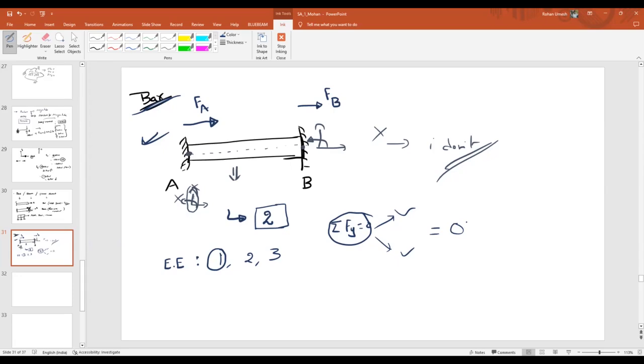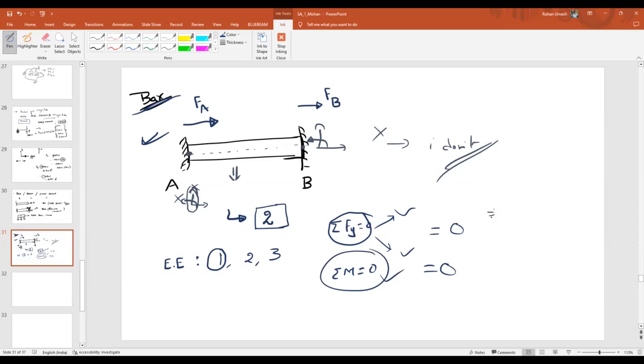You can't, right? Wherever, in whichever direction the forces are acting, you have to make the sum of forces along that direction equal to 0. In this case, there are no forces acting along the y direction, and no moment. So even if you don't consider summation of F equal to 0 or summation of moment equal to 0, they will be automatically satisfied, or we can say that they don't exist.